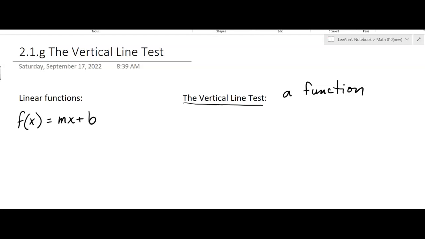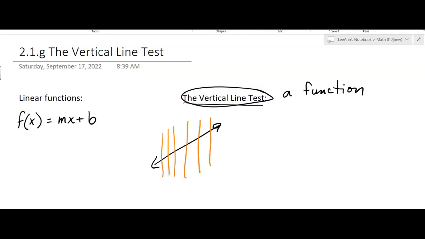And it has to do with a picture. So let's say you have a vertical, or I'm sorry, a linear equation like we did in the last example. The vertical line test says if you can draw a vertical line any place on the graph and it only hits once, then it's a function.